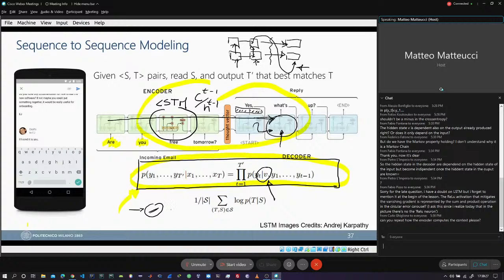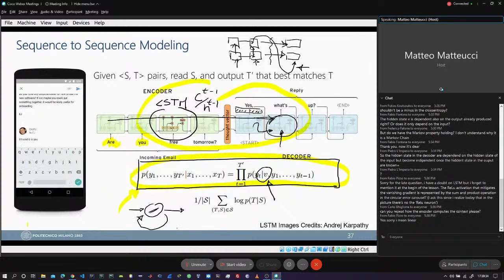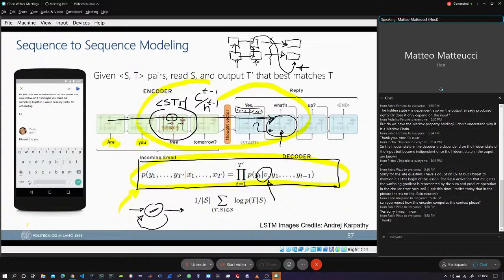And it is the circular error carousel. Exactly, that's correct. If you can read it on the slide, but it's very small, it is this plus. This plus is the circular error carousel. Okay, let's see if I have answered all the questions.